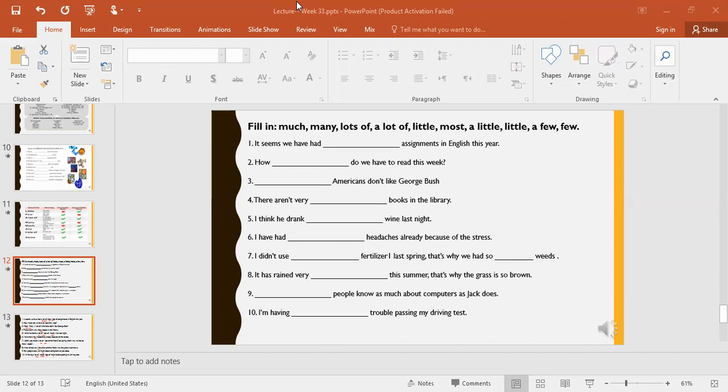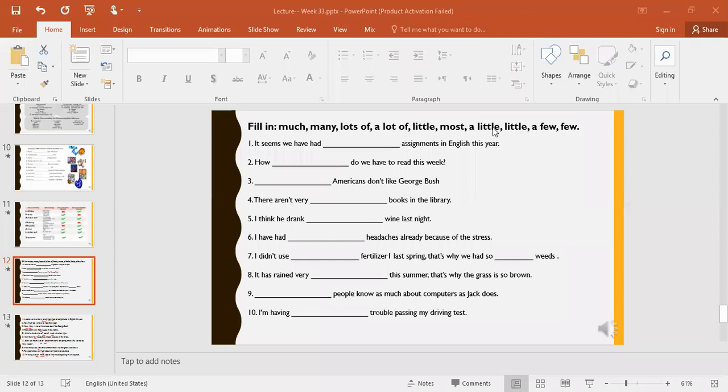Yalla, Miss, who would like to start? Yalla Gabi, number 1. It seems we have had many assignments in English this year. Very good. Many. A lot of. We can use different ones, okay? Number 2, how do we have to read this week? Yes, Adam. How much?